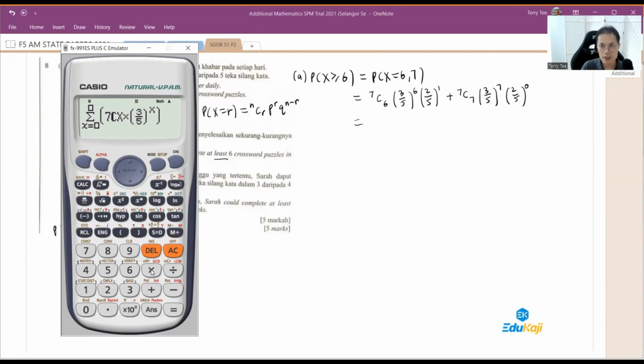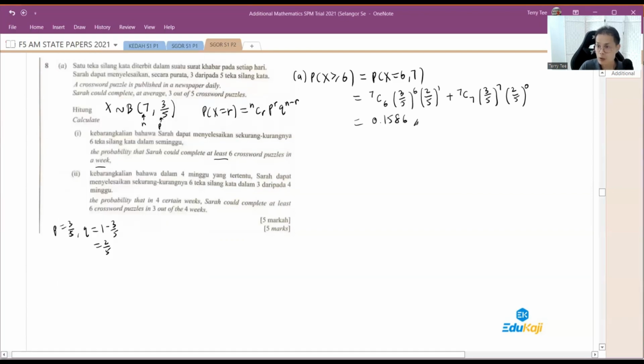Your probability of failure is q, 2 over 5 power 7 minus x, that is n minus x. So if you want to find from 6 to 7, just add them up. There you go.